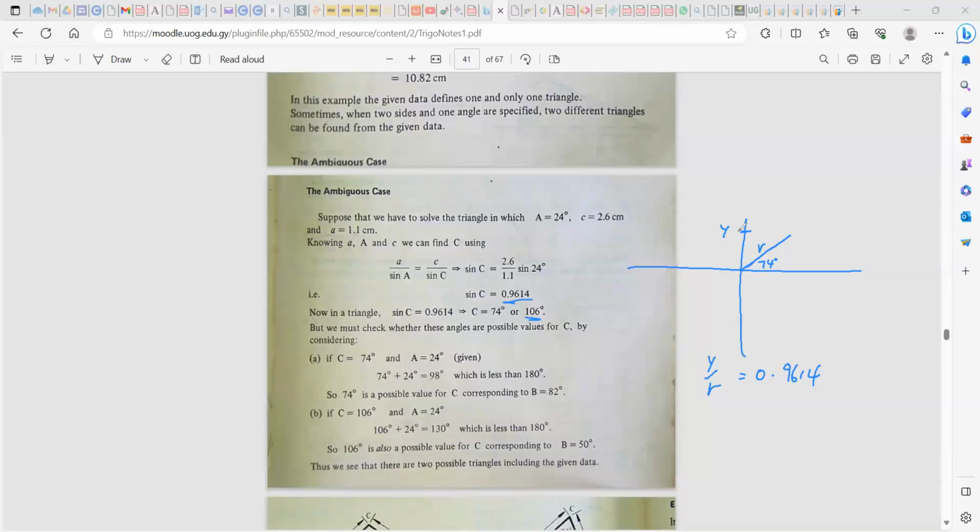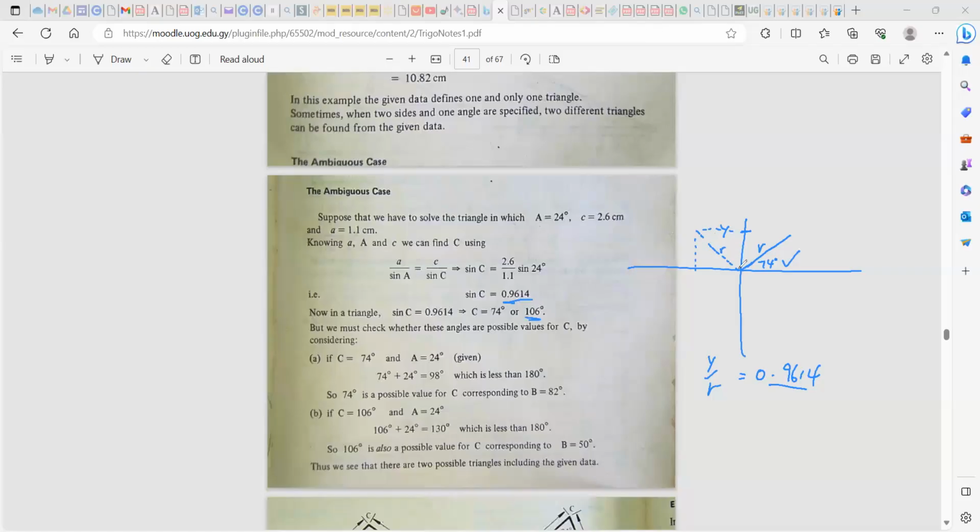But you are also seeing that there's another angle. You see that? There's another angle. This is R. And this is Y. So 74 is one angle whose ratio, the Y coordinate over R, is this. But there's another angle here. See?